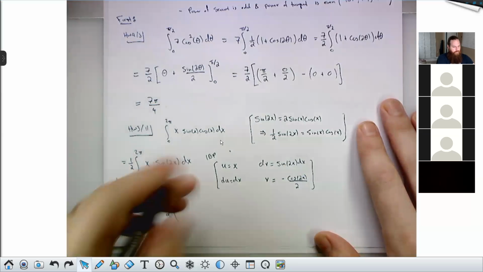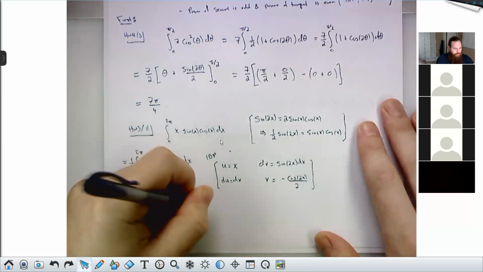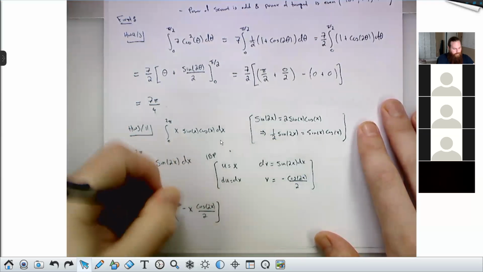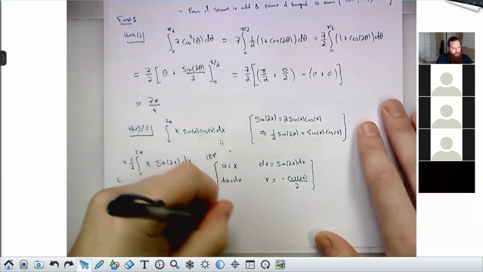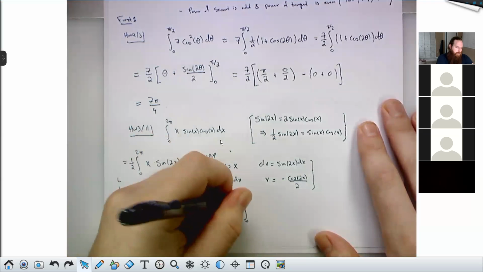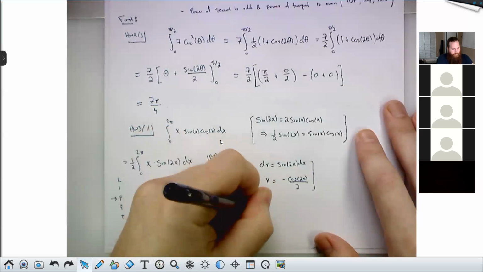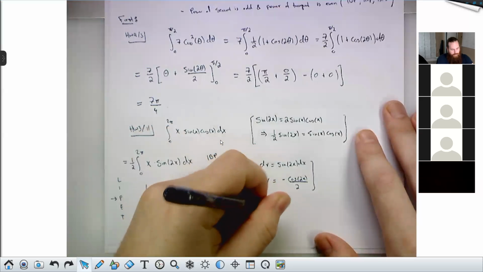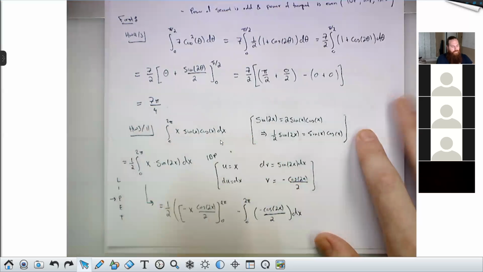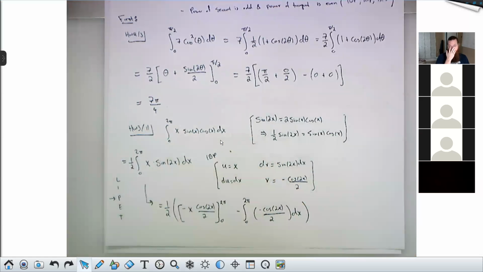U times v, so that's negative x cos 2x over 2, evaluated from 0 to 2 pi, minus the integral from 0 to 2 pi of v times du, which is negative cos 2x over 2 times dx. And then close that big parenthesis at the start.